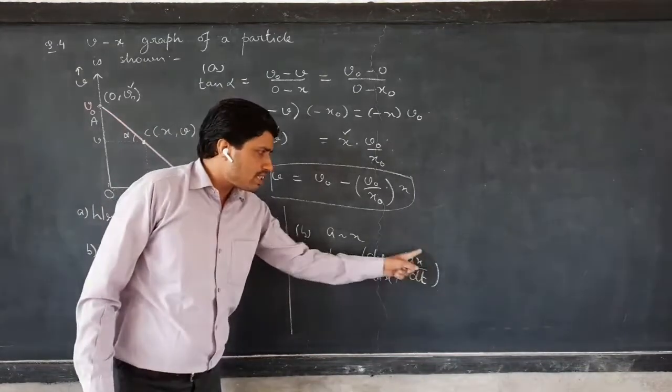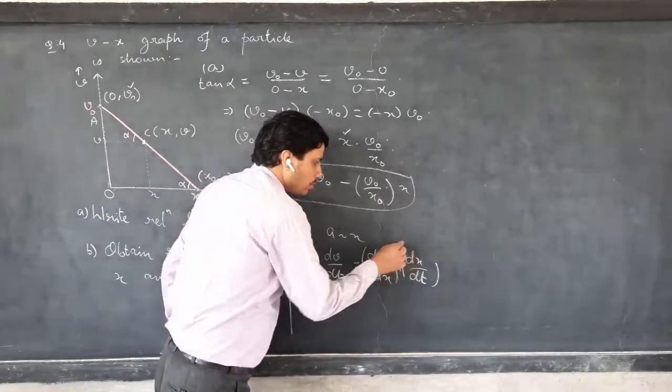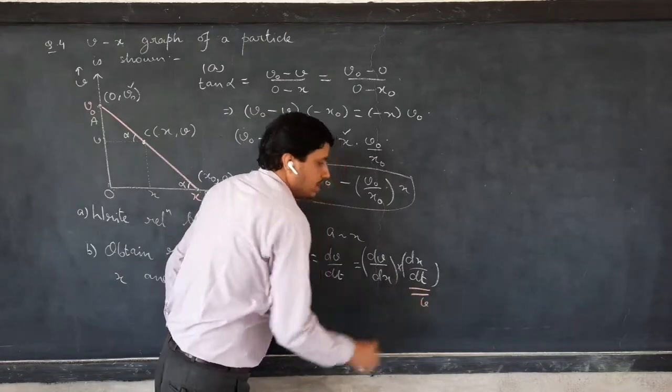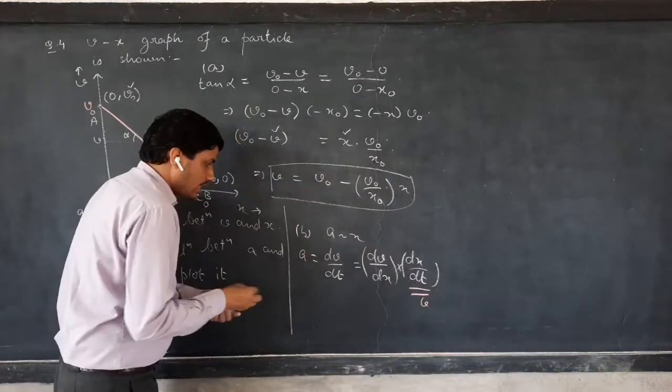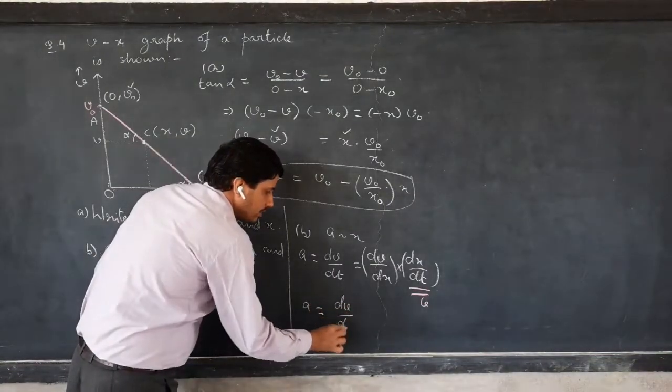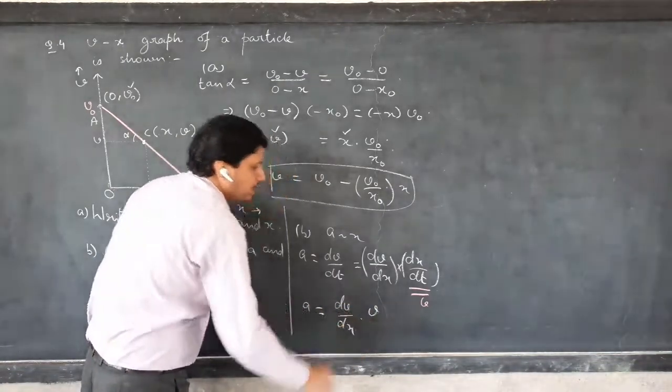Again, this dx by dt is nothing but v. So we get a equals dv by dx into v.